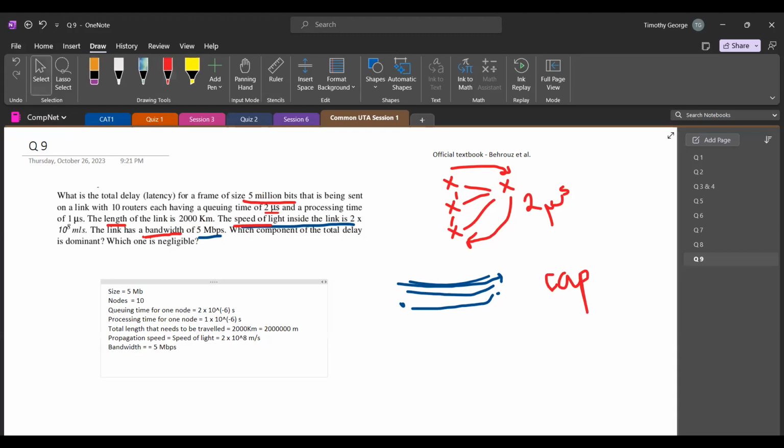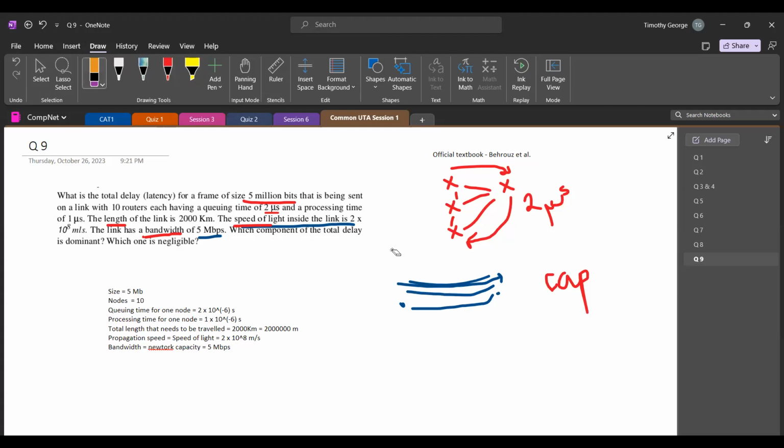So for bandwidth, I'm going to write here capacity, network capacity, just to help us solve this question. Which component of the total delay is dominant? Which one is negligible?